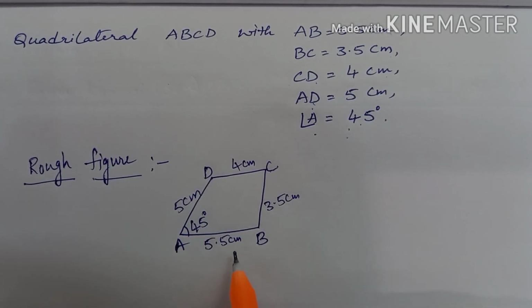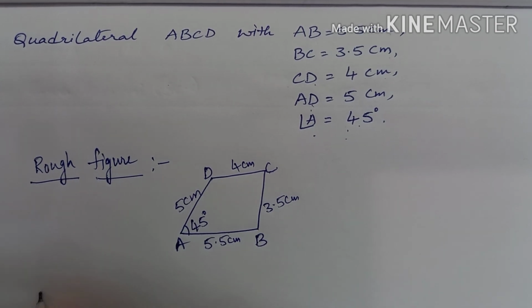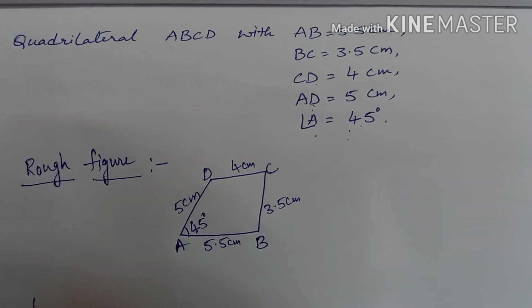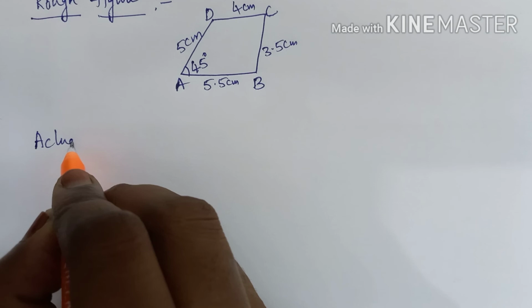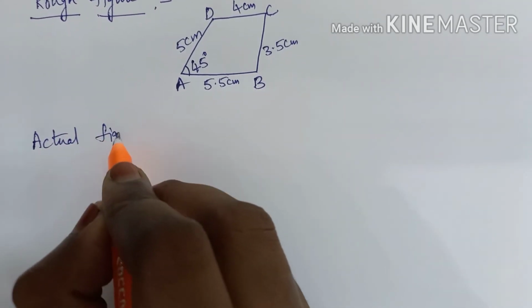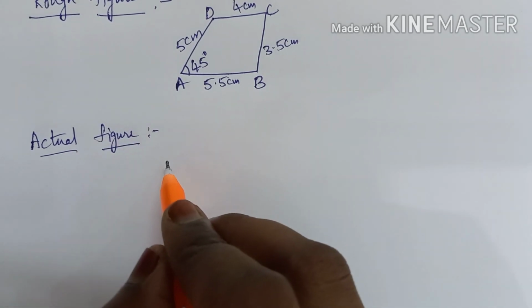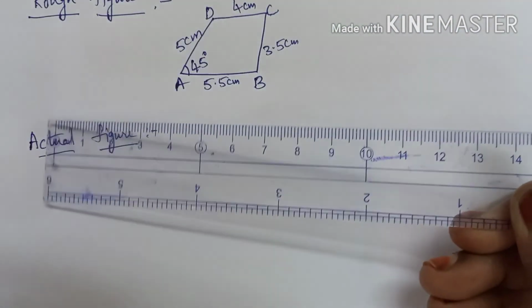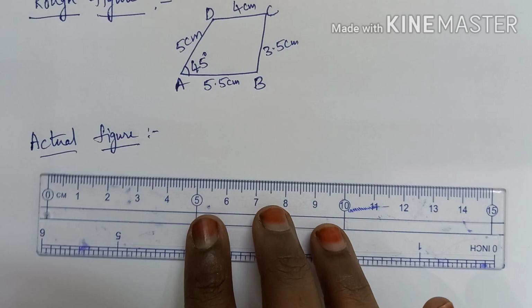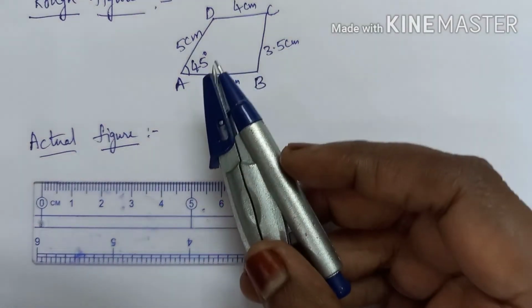Okay children, now let us construct the actual figure. This we have to draw with the given measurements accurately. For this we have to use the ruler, that is scale, and the compass.